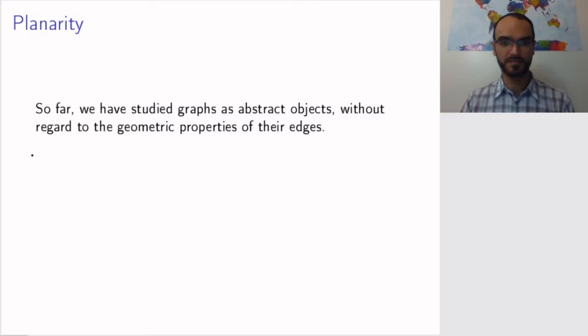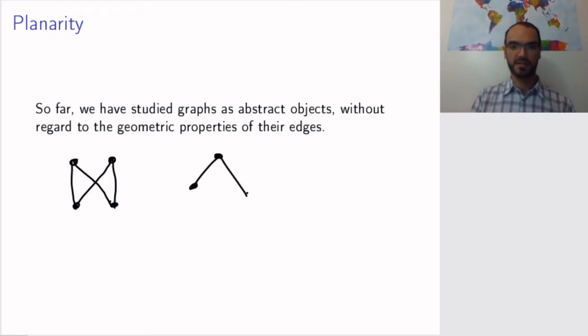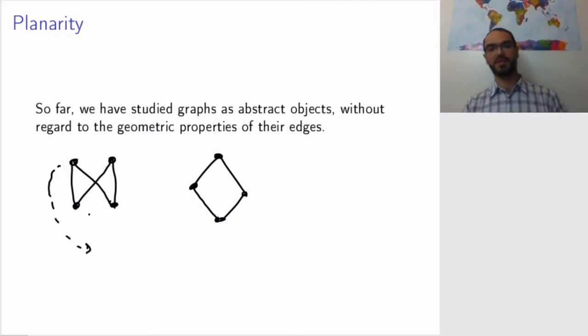So for example, this graph, so far we've only looked at it as a graph with four vertices that are cyclically adjacent to each other. So it's the same thing as this graph, really, if I move this vertex and bend it open down here.